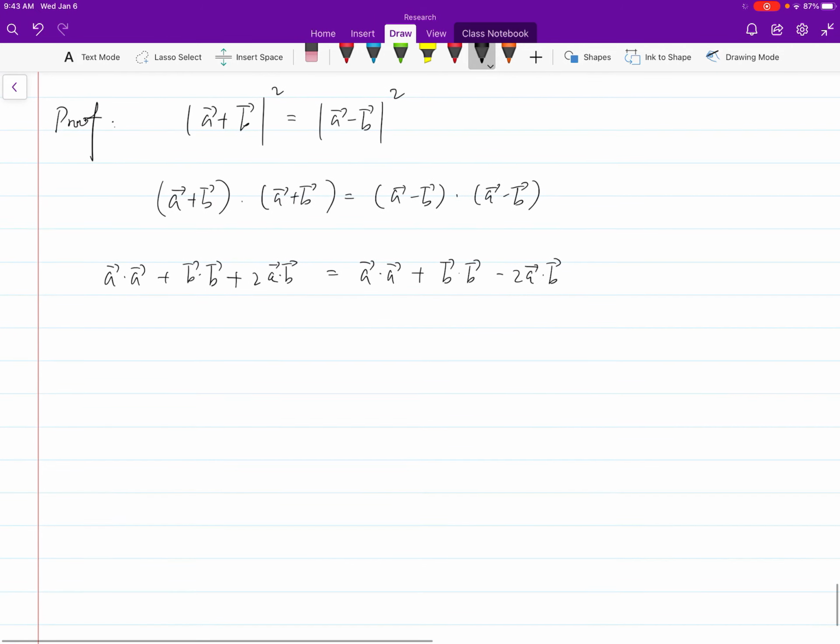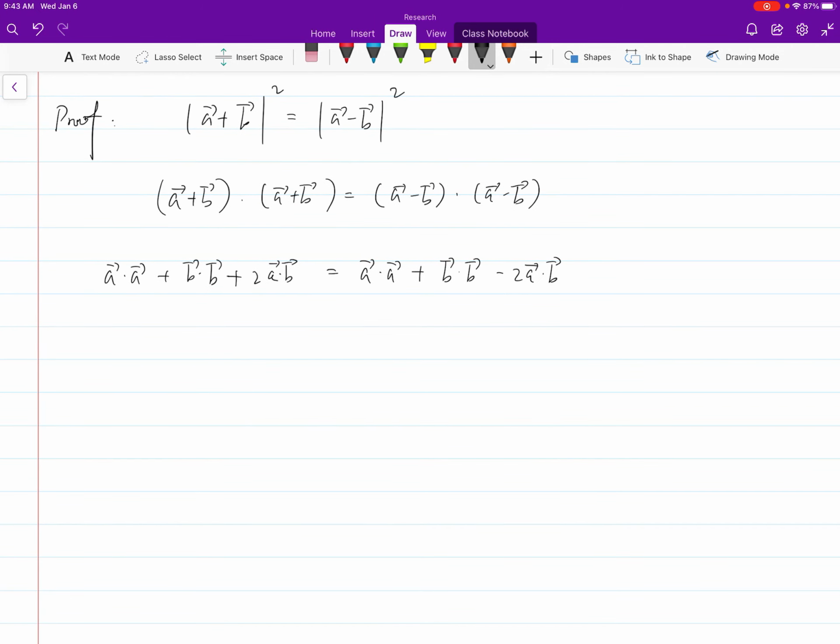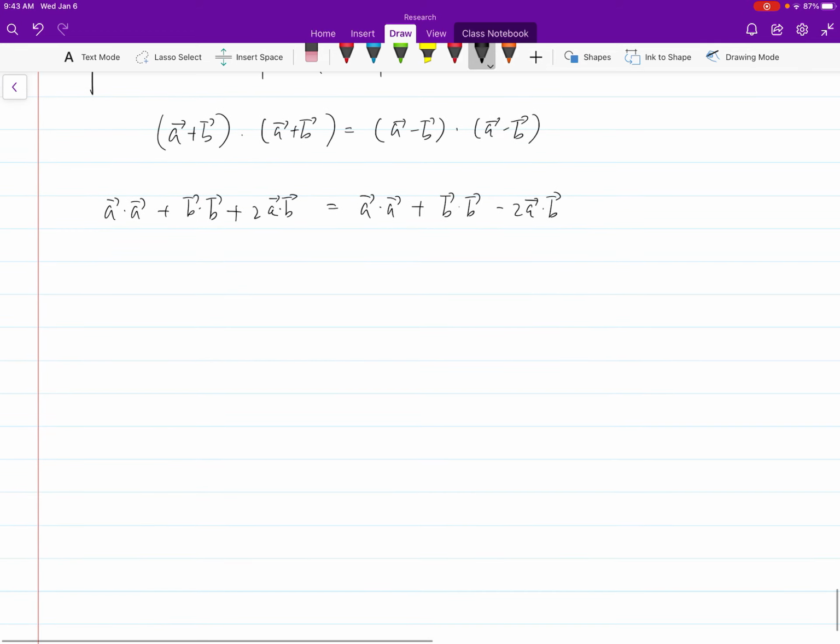So if A plus B and A minus B share the same magnitude, you square both, you will have this equation, and then the same terms cancel. You will have the conclusion that A dot B equals negative A dot B. But remember, you have a number equal to itself with the negative sign.